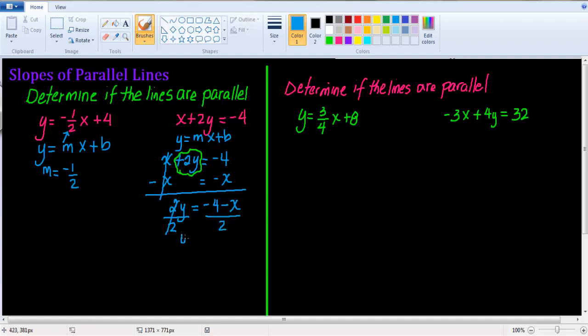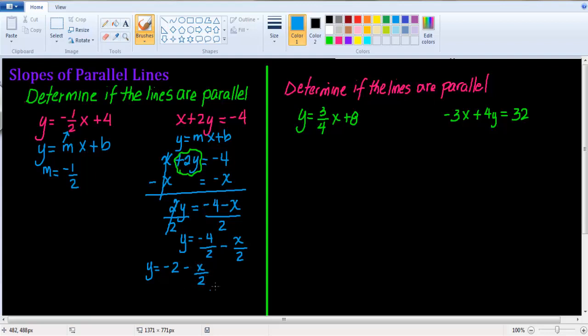And there you have y is equal to -4/2. Remember, we can separate these fractions, minus x/2. So I separated this into two fractions. -4/2 I can simplify. -4/2 is the same thing as -2 because -4 divided by 2 is -2, minus x/2.